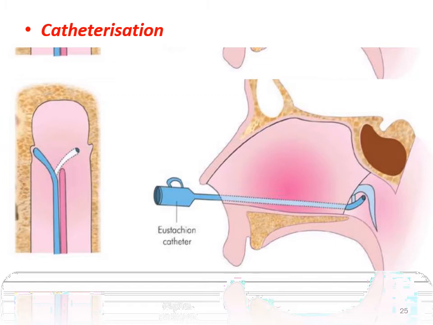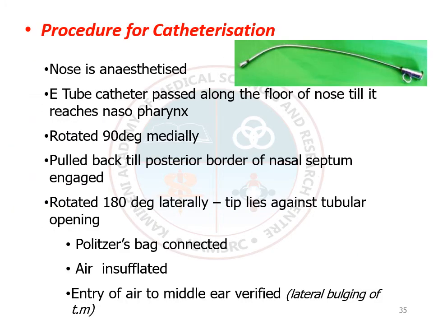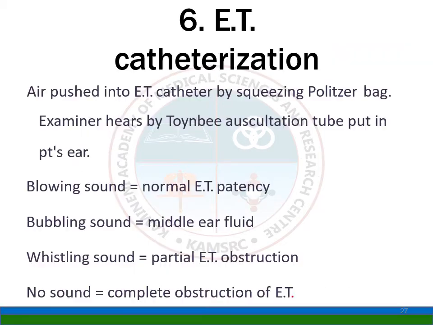So there are problems with this test. This is the procedure I have explained. You can see in this picture the curved end of the catheter. The catheter is engaged to the septum, which means you have reached the correct place, and then you turn it 180 degrees, opposite to that, to face the nasopharyngeal end.